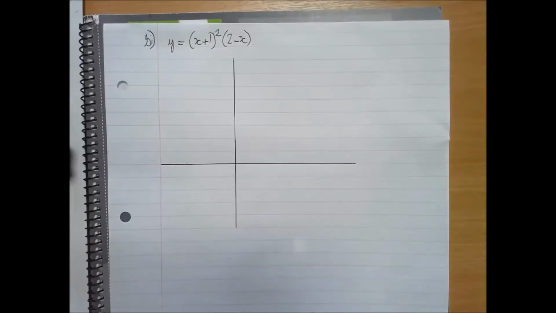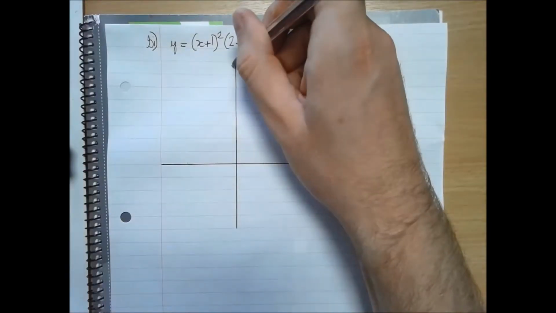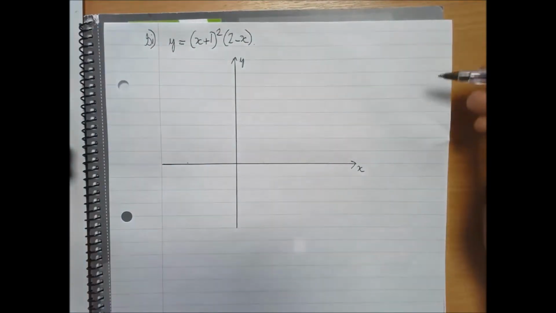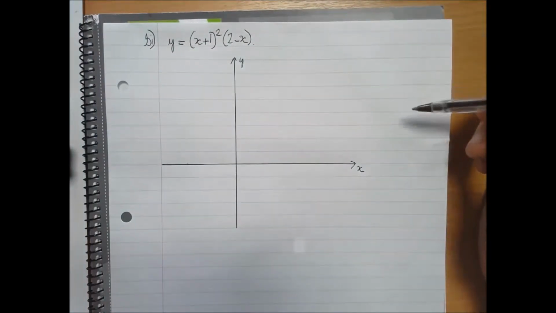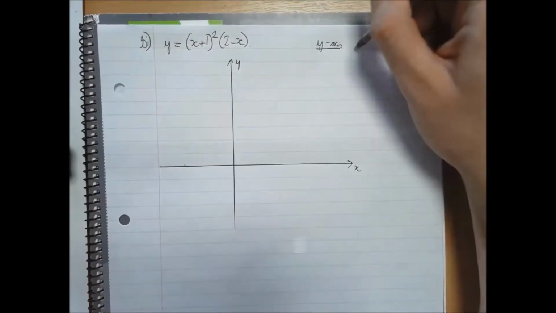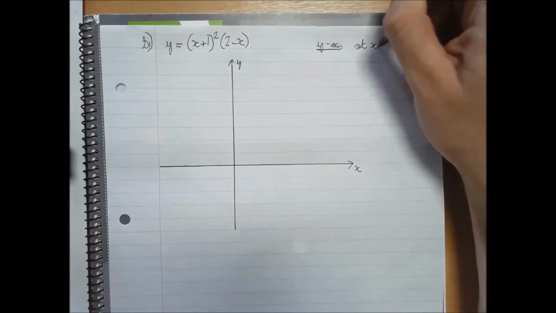Okay, so part B, first part B, we're after sketching the curve of y equals (x plus 1) all squared times (2 minus x). And of course, what they want in the exam is us clearly indicating where it's going to cross the axes. We've got our y axis here, and our x axis here. So in order to obtain where it's going to cross the y axis, obviously I'm going to set x to 0.